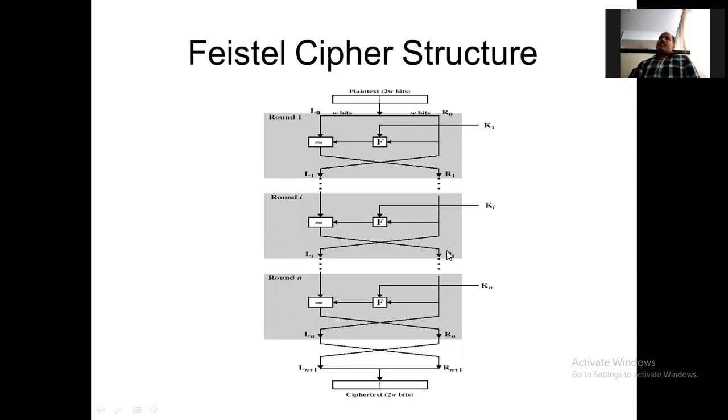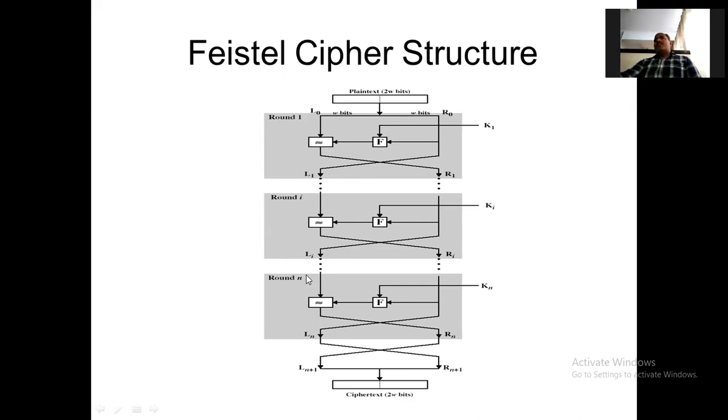The only change is the data, and the remaining functionality of all the rounds is the same. Here we have taken only three rounds: round 1, round i, and round N.